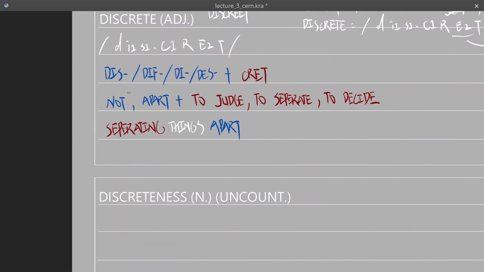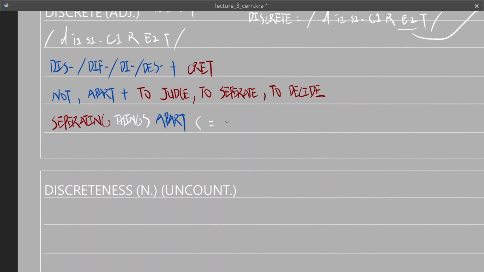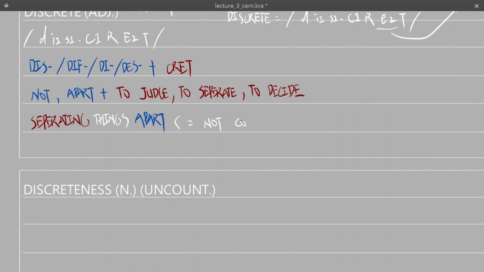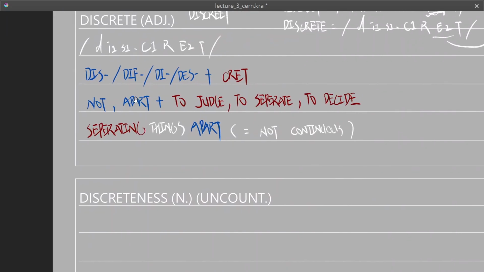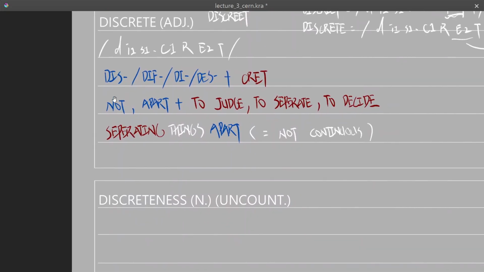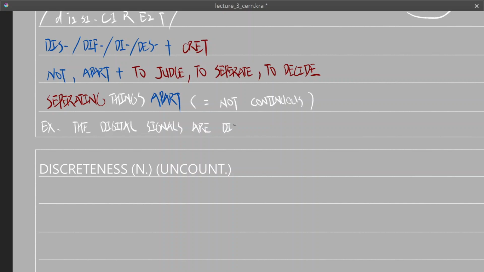So what it actually means is not continuous. This is discrete. For example, we have digital signals. The digital signals are discrete.